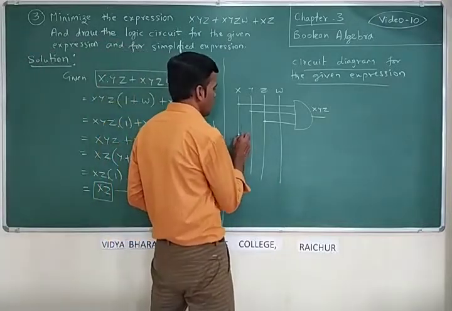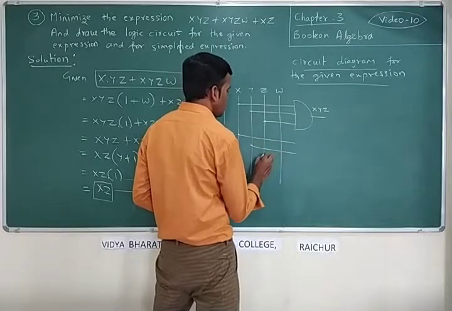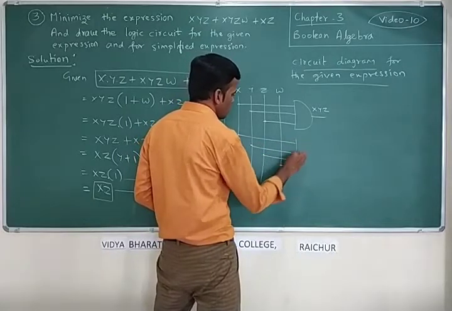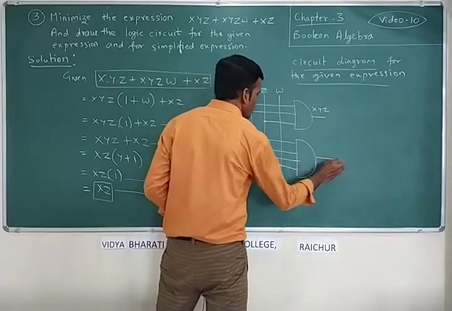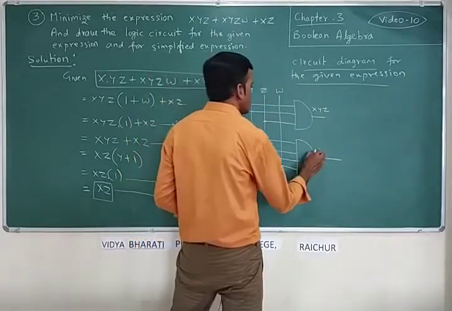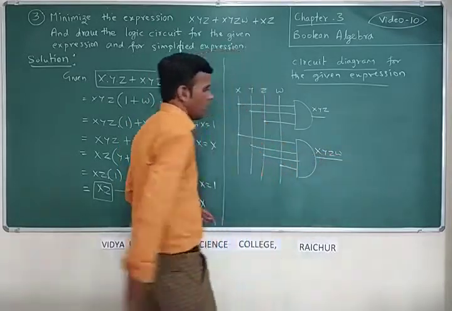This is X, this is Y, this is Z and W. So this is the gate for the next term, X Y Z W.